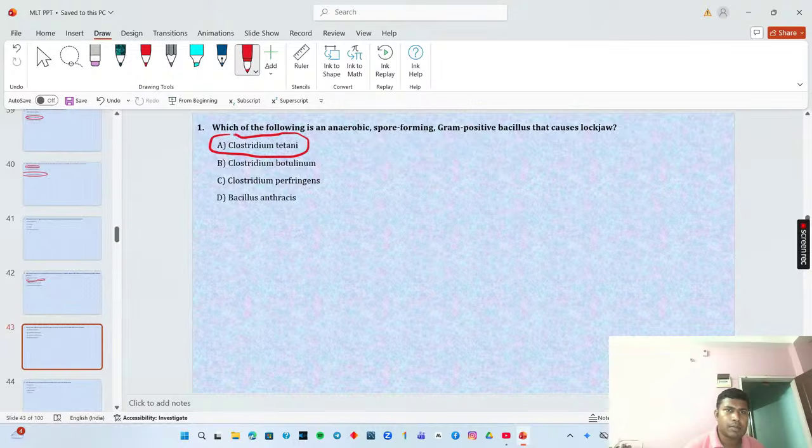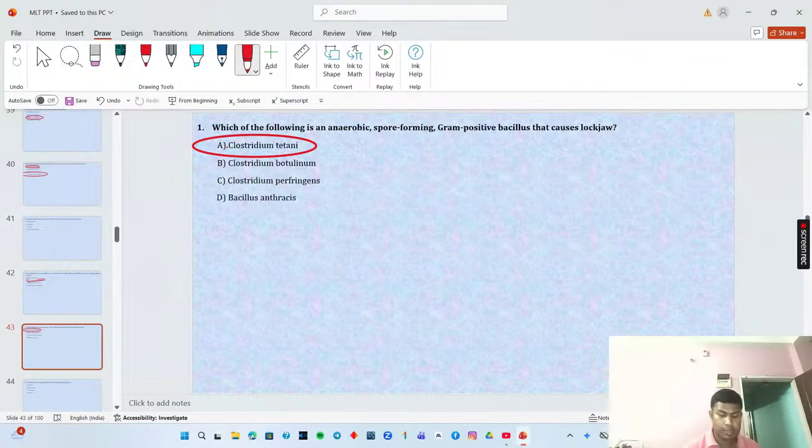Anaerobic means it can grow in the absence of oxygen, and it forms spores, which is very terrifying. And it is a gram positive bacilli, means it is gram positive in nature and is rod shaped. Okay, and this may cause lockjaw in our body.